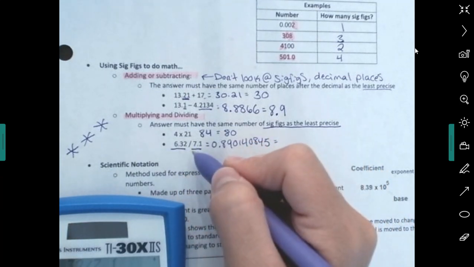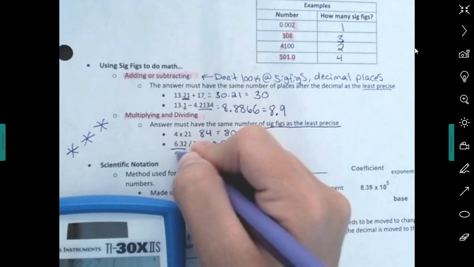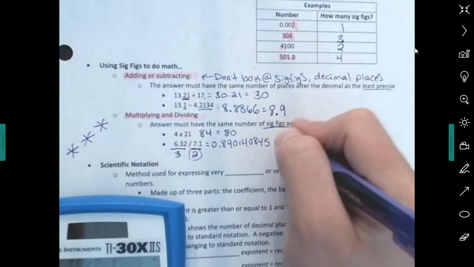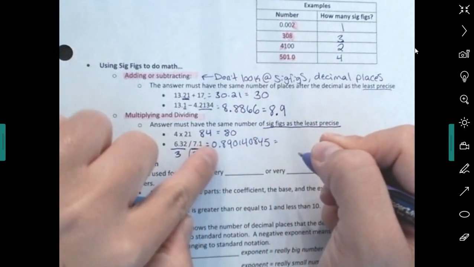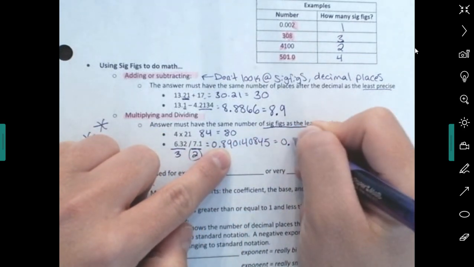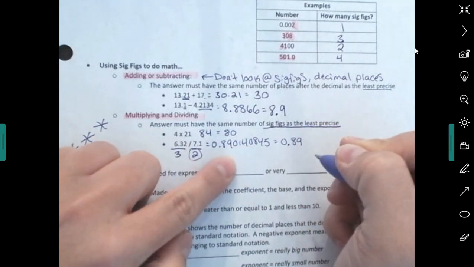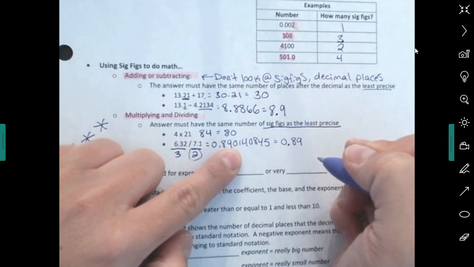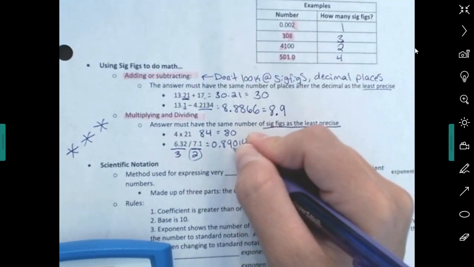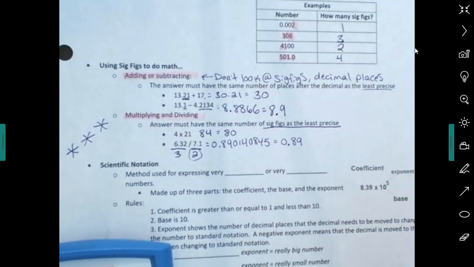So I have to go with the least amount. Because this one has 3 and this one has 2, my answer can only have 2. So I'm going to round it. Now, remember, the leading zeros don't count, so I can keep this, and then I'm going to go 8, 9, and then leave it like that. Because the 0 is not going to bump the 9 up. It's just going to stay like that.